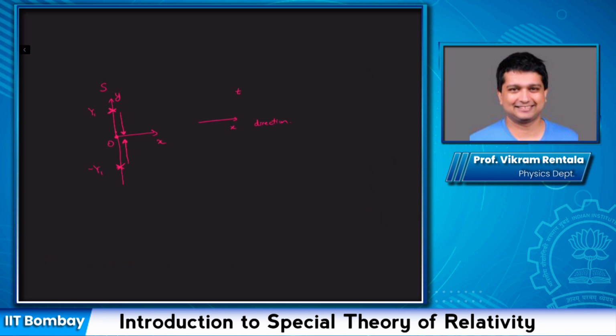Okay, so now consider a frame S prime, and this frame S prime is moving to the right at a speed v along the X direction. And we want to know if the events which occurred at coordinates 0, y1 and 0, minus y1 appear to be simultaneous in the frame S. Do they appear to also be simultaneous in the frame S prime?